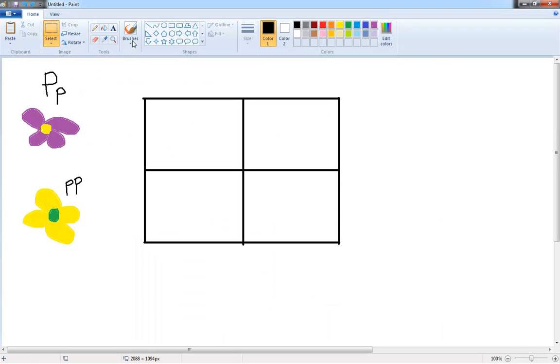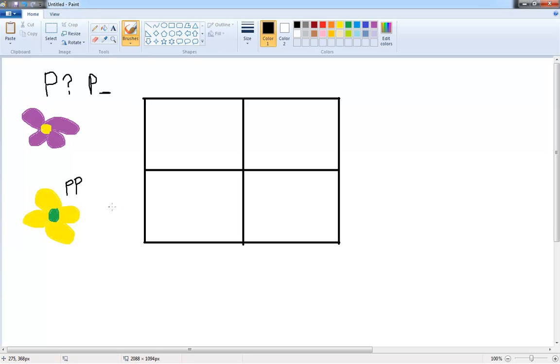Okay, and let's just say we don't know what this purple plant is. We know that it has one big P here, but the second allele we just don't know. P question mark, or this is often abbreviated as P underscore, so there's the blank there. So we're going to do a test cross.